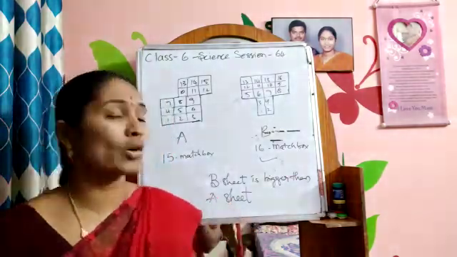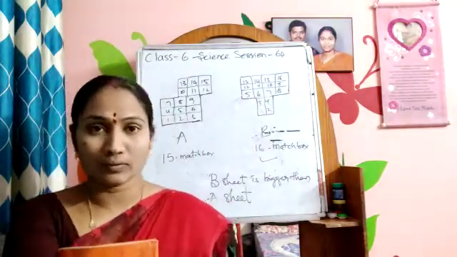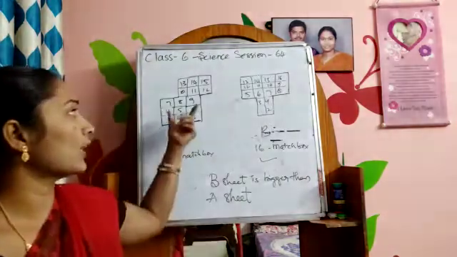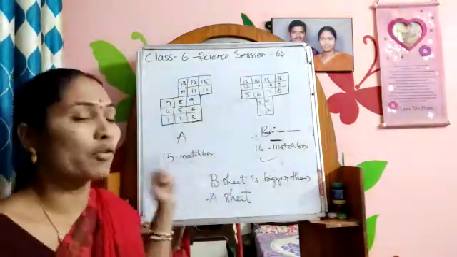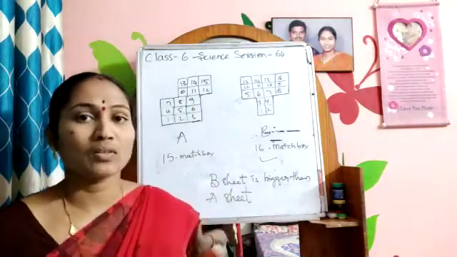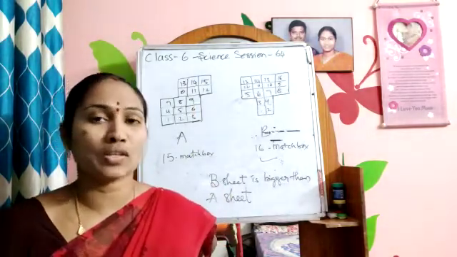In the next class we are going to learn what the standard unit to measure the area is. Now we have measured the area of this A sheet and B sheet with the help of matchboxes, but this is not the correct measurement. So there is a different measurement to measure the area.